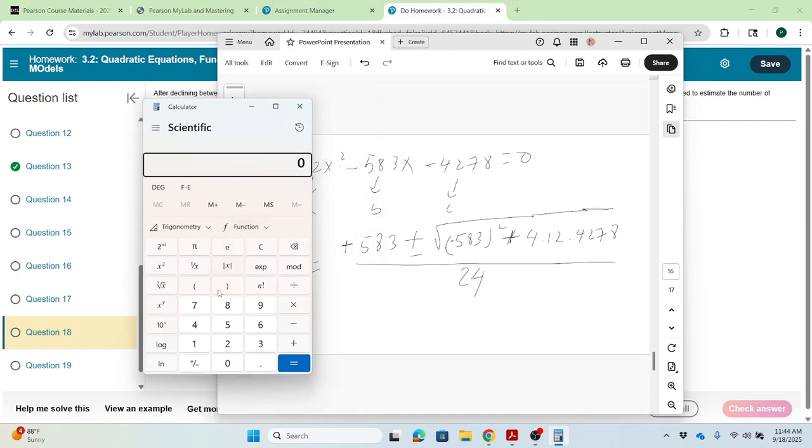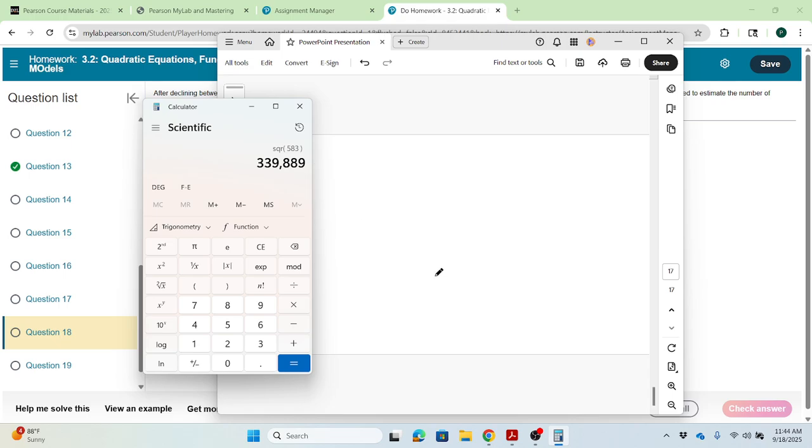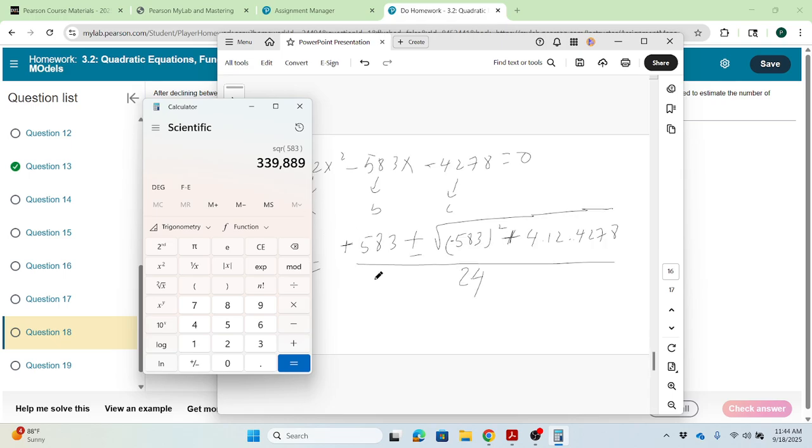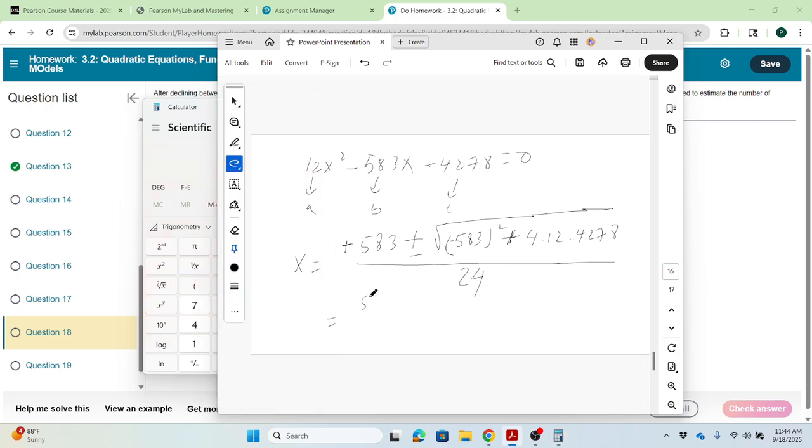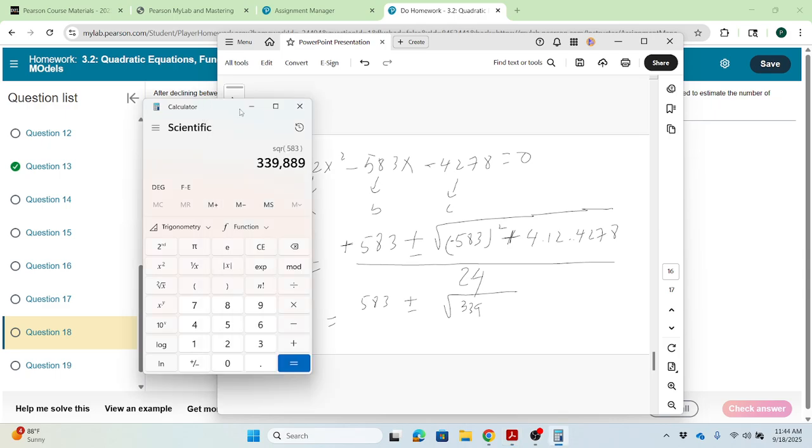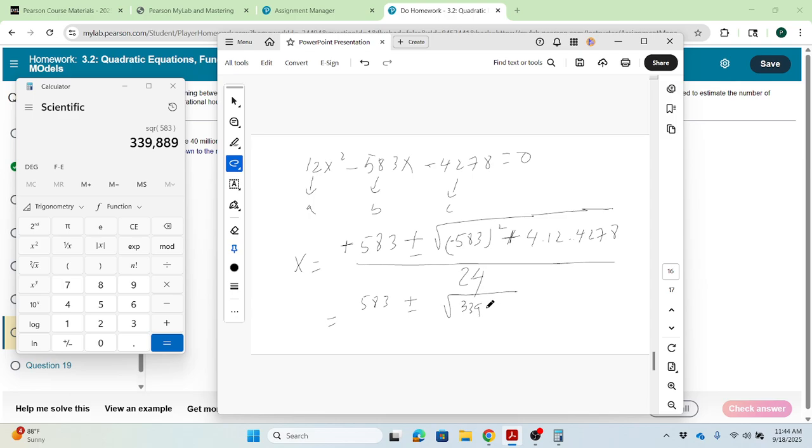583 squared is 339,889. So it would be 583 plus or minus the square root of 339,889 plus 4 times 12 times 4278.